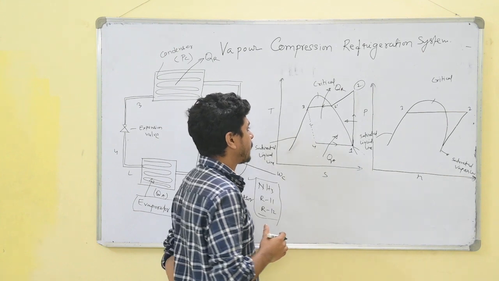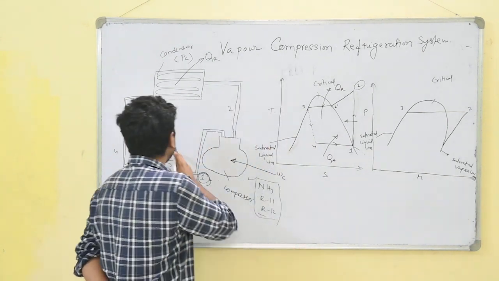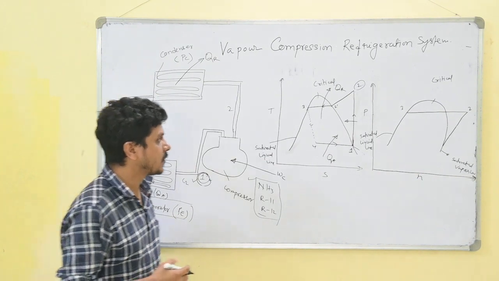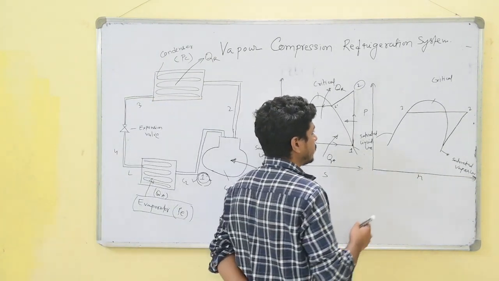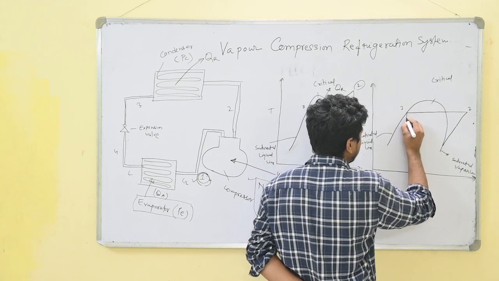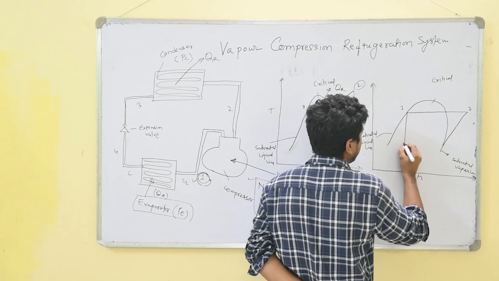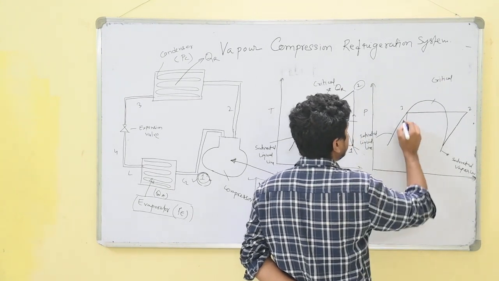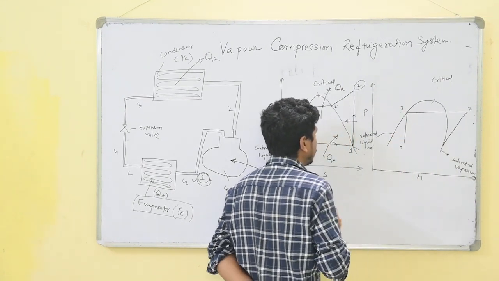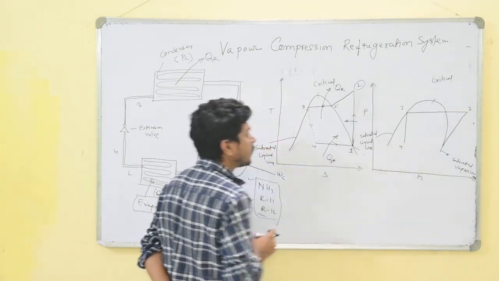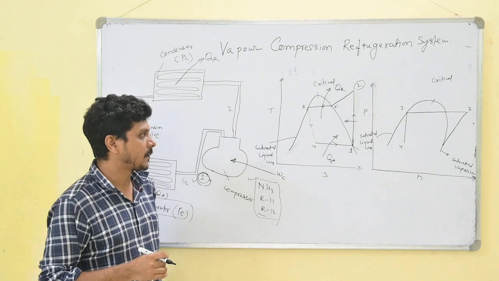After that, the throttling valve process takes place. That's why this is a totally vertical line, and here we see that the enthalpy at the inlet and the enthalpy at the outlet of the throttling valve are constant.